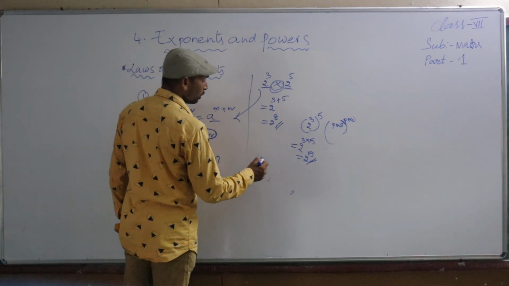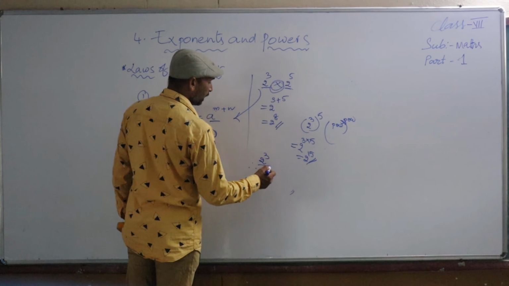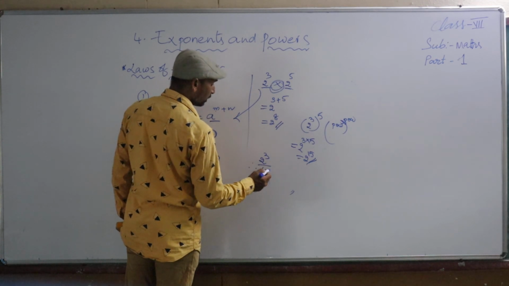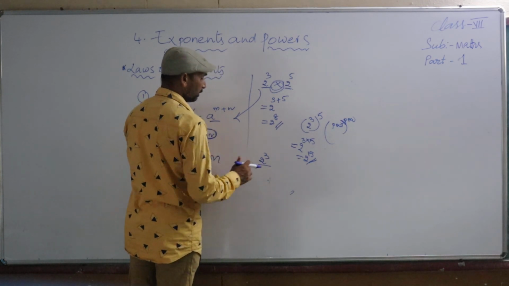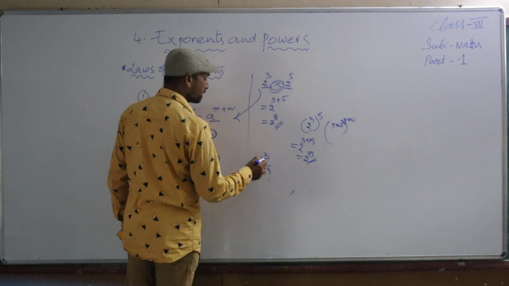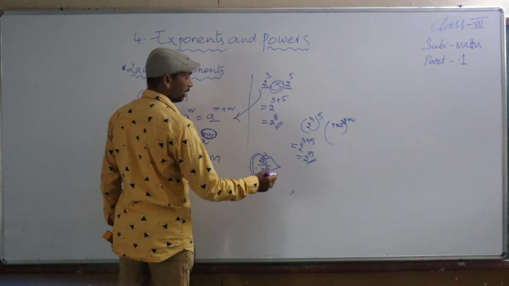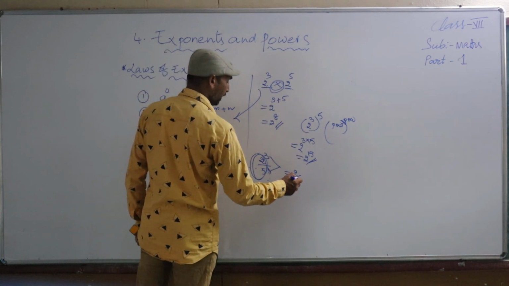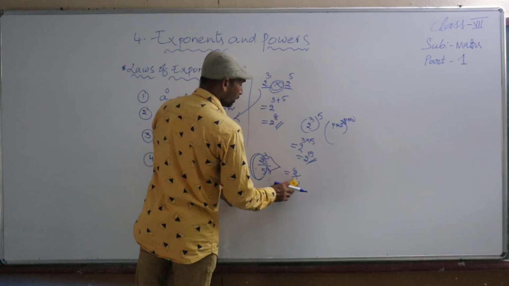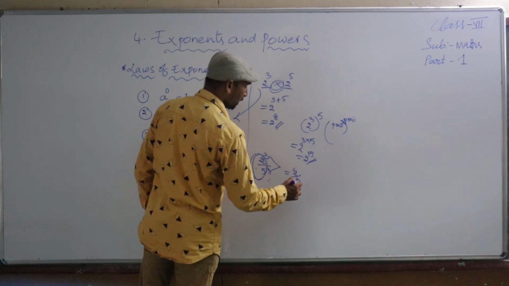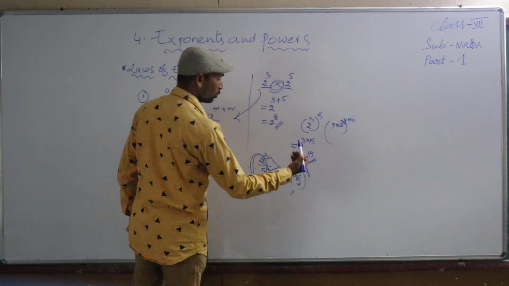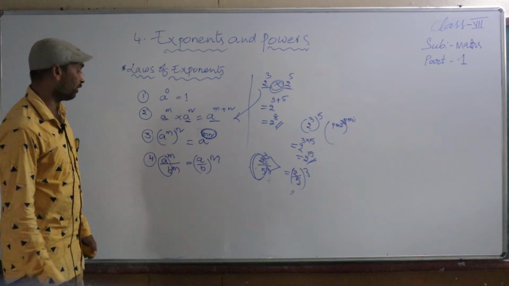For example, 2 power 3 by 5 power 3: here the bases are not equal but the powers are equal, so we can write using one common power, 2 by 5 whole power 3.